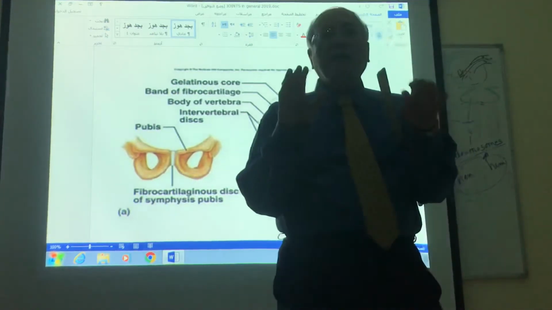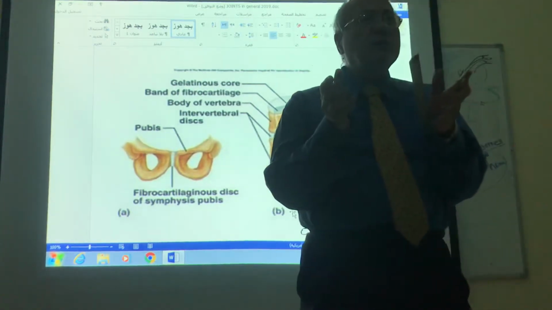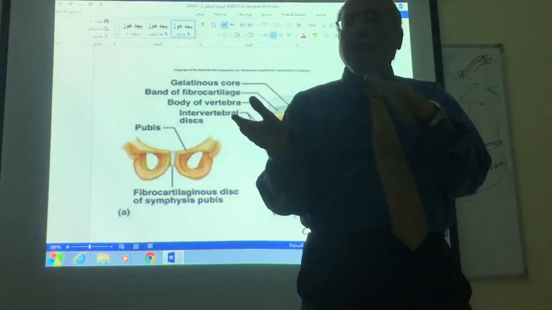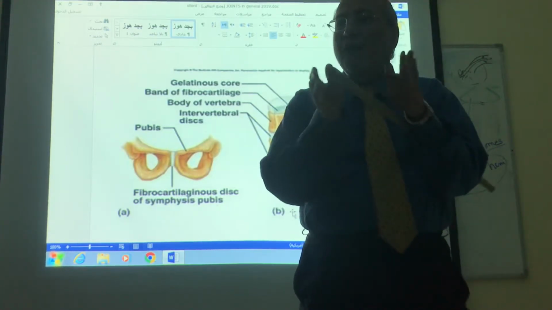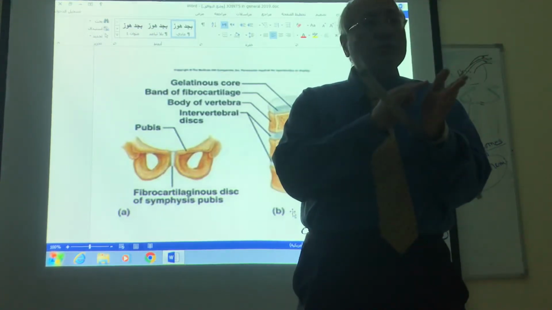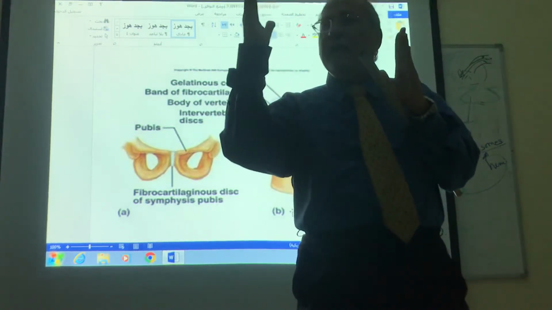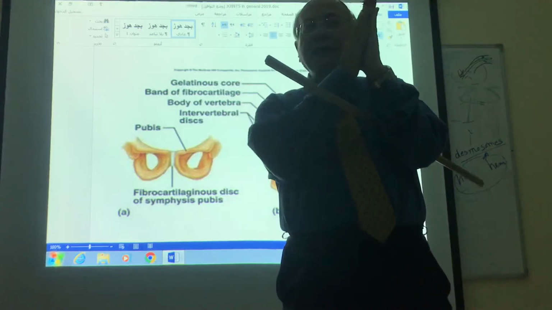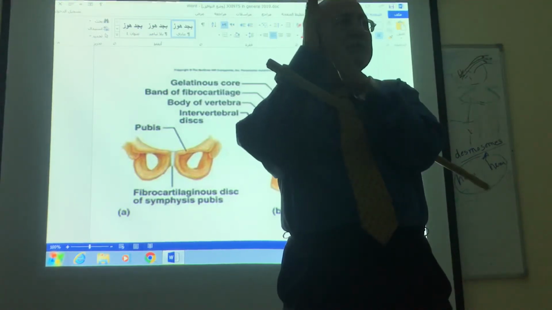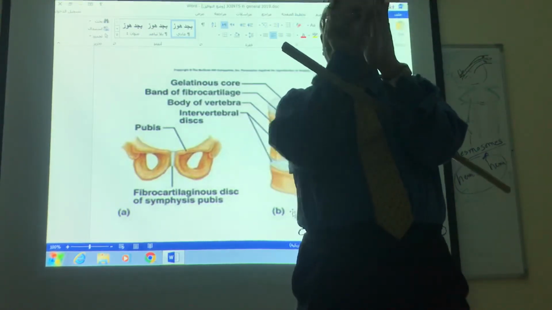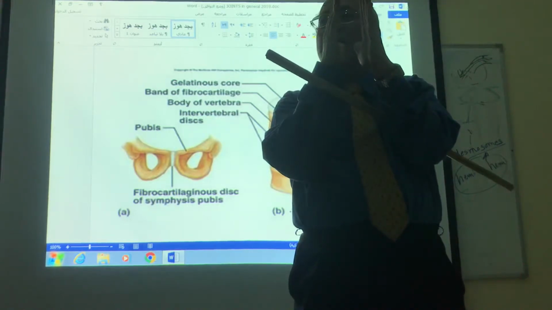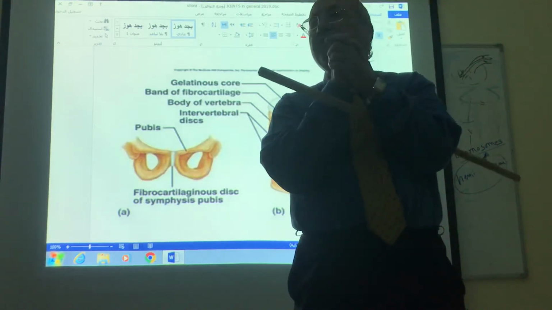We all know the types of cartilage: either hyaline cartilage or white fibrocartilage. In the secondary cartilaginous joint, each bone has a thin layer of hyaline, and in between there is a thick layer of white fibrocartilage.